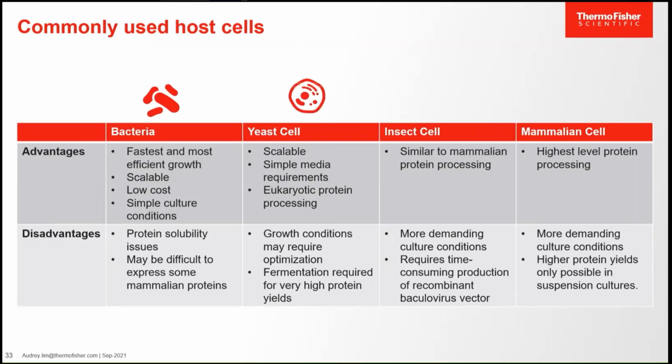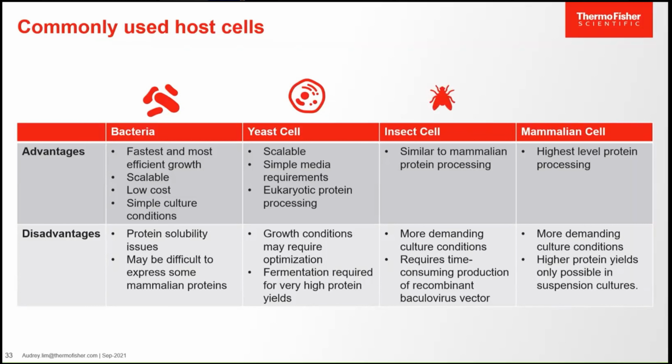Okay, so next is yeast cells. Yeast cells are scalable, have a simple medium requirement, and they have eukaryotic protein processing mechanisms. However, for yeast cells, the growth conditions may require optimization, and fermentation is needed for a very high protein yield. Next is the insect cell.